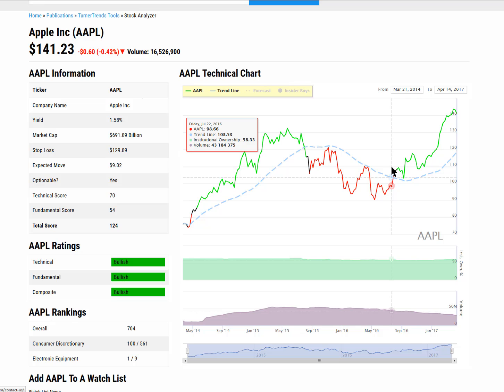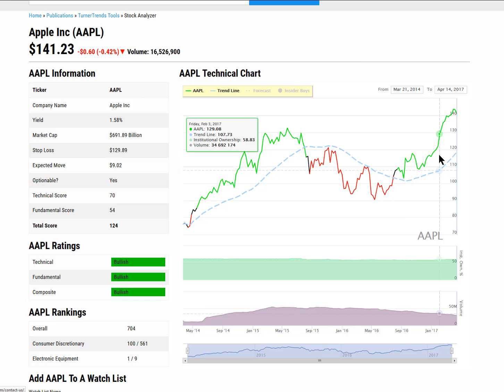I'm not trying to say that you should buy Apple or not buy Apple. This is just an example of what I'm talking about. You'll see over here that the stop loss is 129.89, which would put it right about in that area where I've got the cursor.